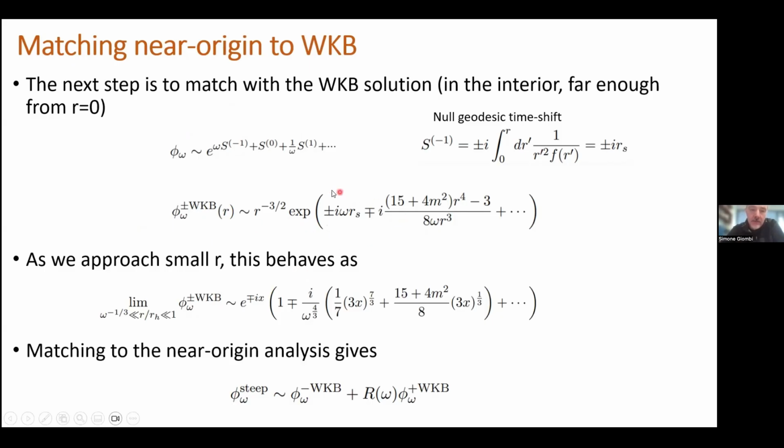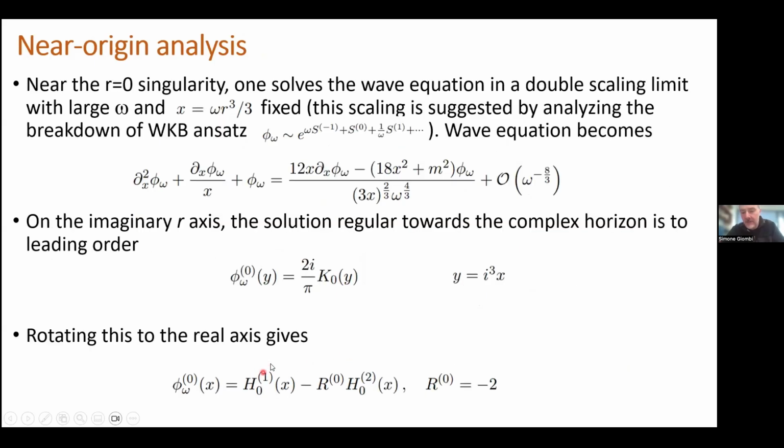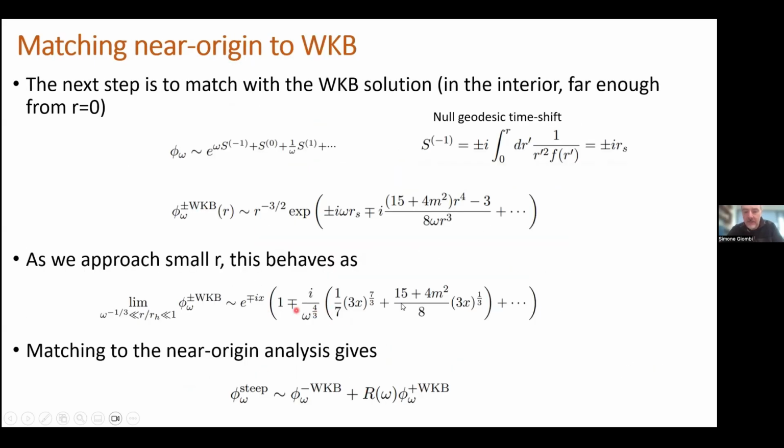To do that, you have to look at how this WKB ansatz behaves as you approach that transition region. So you go close to the singularity, but not close enough that this breaks down. And on the other side, you move a little bit far from the singularity in such a way that you approach this behavior. It's like in WKB, when you match the WKB ansatz far away from the turning point to the Airy function near the turning point, it's sort of like that.